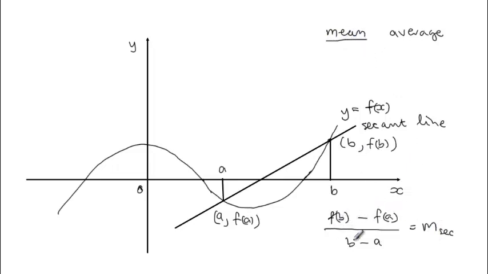Repeating, this can be interpreted as the average gradient of the curve between points A and B, because we know that the gradient of this curve actually changes from point to point between A and B, and hence this is the average.